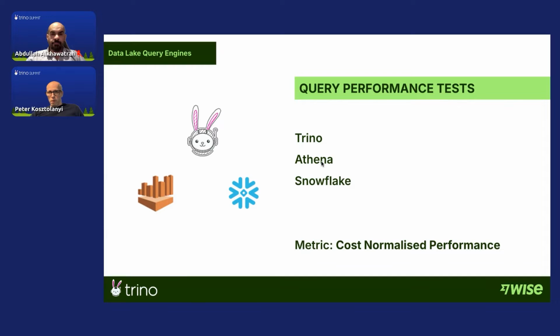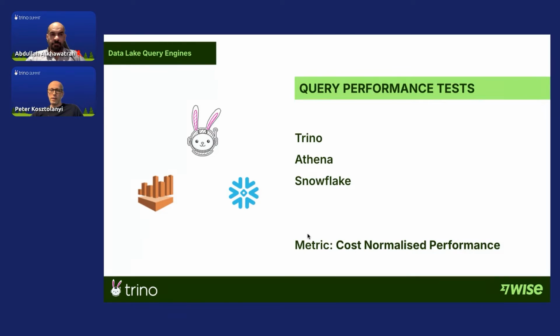But when we started measuring the performance of each, it was not very straightforward to find a good metric to compare them, because they have different pricing models and different scalability methods.